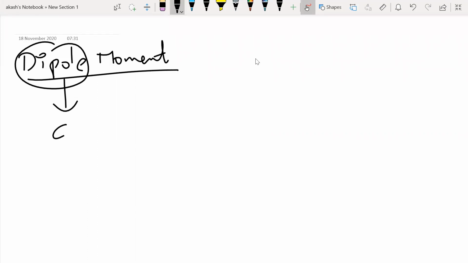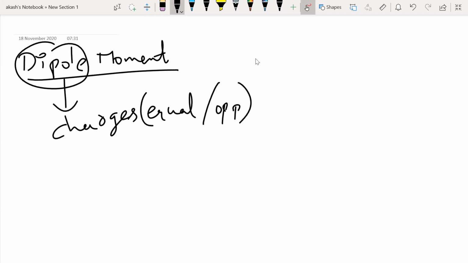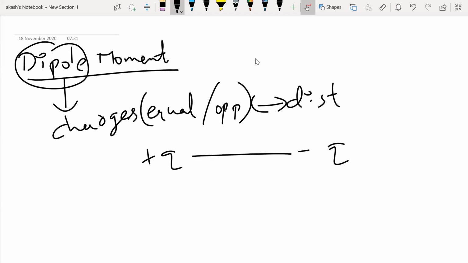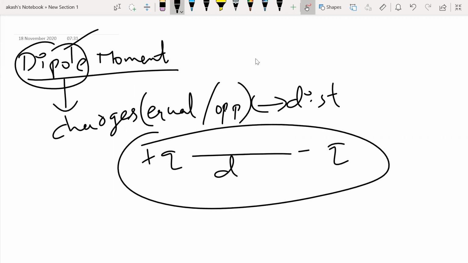So you have charges which are equal and opposite, and they are going to be separated by some distance. That arrangement is what is called a dipole. Something like this, say plus q, at some distance I have minus q, and the distance between them say is d. This entire arrangement is what is called your dipole.